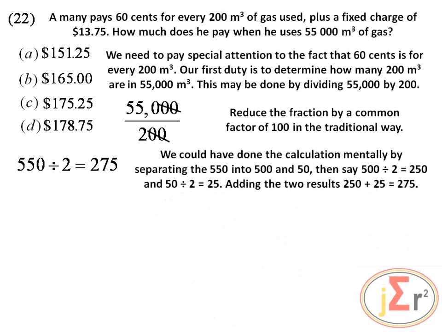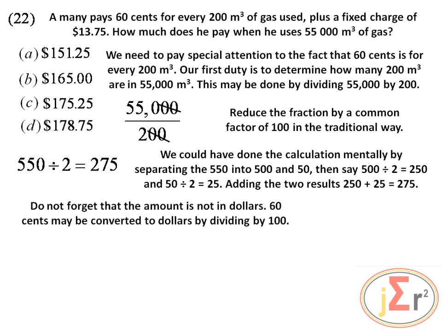We could have done the calculation mentally by separating the 550 into 500 and 50. Then say 500 divided by 2 is 250, and 50 divided by 2 is 25. So we add 25 and 250 together, and the result is 275. Do not forget that the amount is not in dollars.